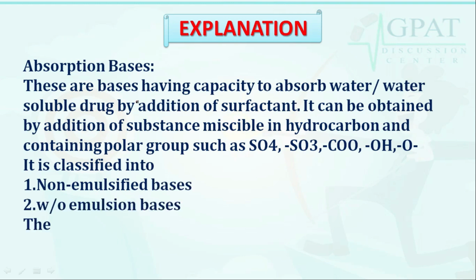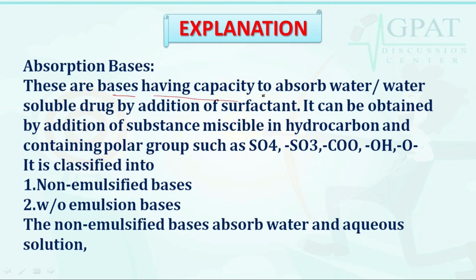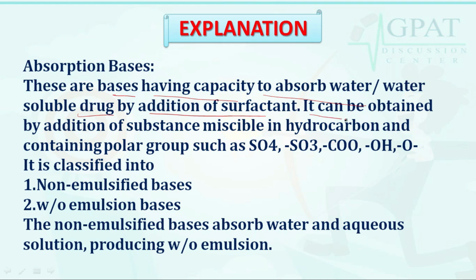There are bases having the capacity to absorb water and water soluble drugs by the addition of a surfactant, and it can be obtained by the addition of a substance miscible in hydrocarbon and containing a polar group such as SO4 minus, CO and OH group.